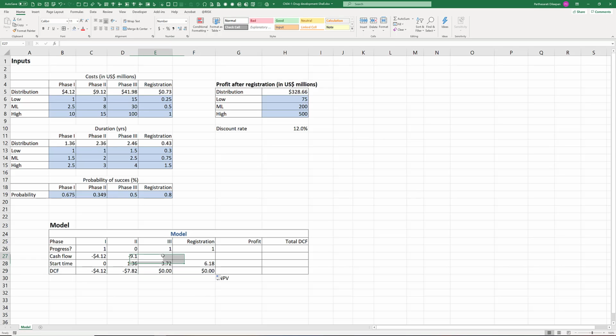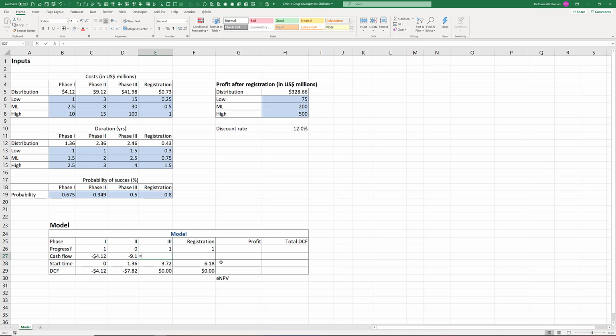Okay, but this will be different because here we're going to have a cash flow only if the previous two stages are successful. Since we are generating the probabilities independently, the cash flow is the place where we are testing whether all the previous phases have been successful or not. So for phase 1, we'll always have the cost. Phase 2 is when phase 1 is successful, you have the cost, otherwise not.